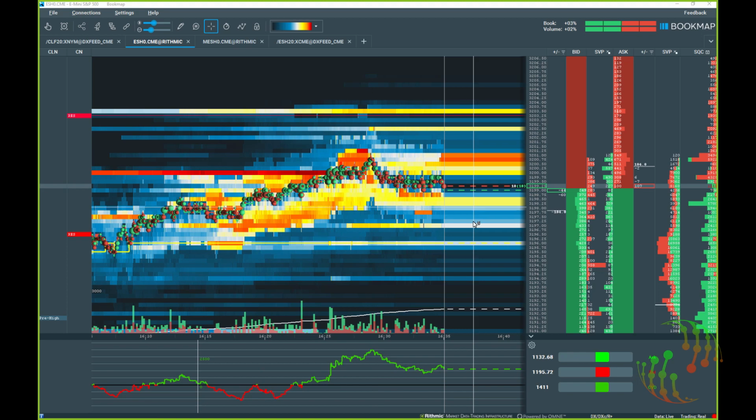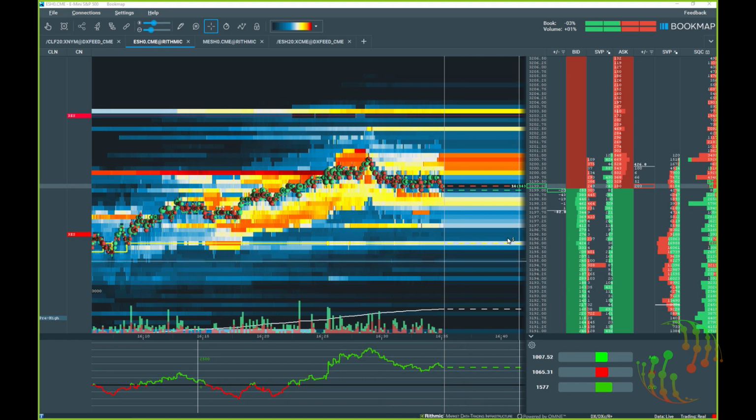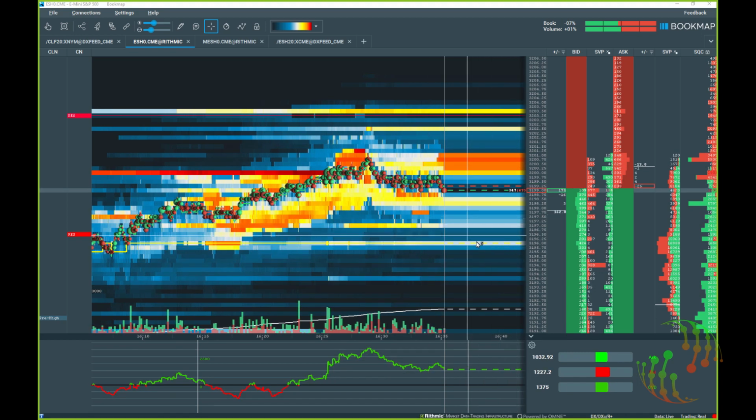Now, the next support level should be the 96 level. We will see that if the market is coming down here. 96, around this area here, 96. We will see if this is going to hold here.